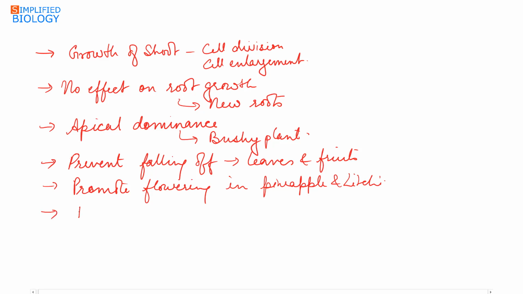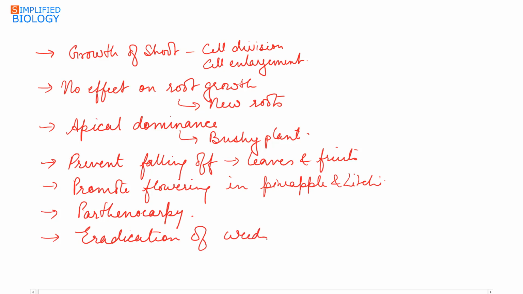It is capable of inducing parthenocarpy, that is formation of fruits without fertilization. It is capable of eradicating unwanted plants, that is weeds, and last, it controls xylem differentiation. So these are the physiological effects and uses of auxin.